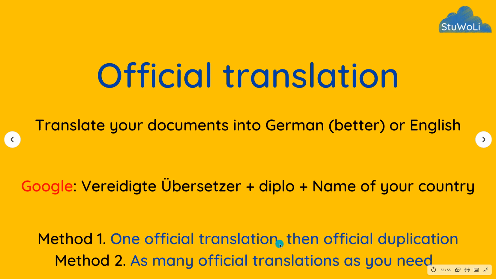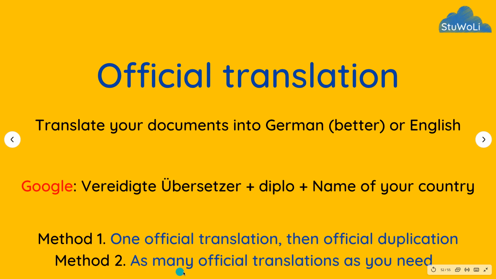So you say, oh my God, I have to spend X euros on official translation for each set of documents, and if I want to get many duplicates of one translation, it's going to be so costly that I don't want to ask the translator to give me, I don't know, 5 translations of my high school certificate and 5 translations of my transcript. So you go for one, and then you do the official duplication. Next slide, and I will talk about official duplication in the next slide.